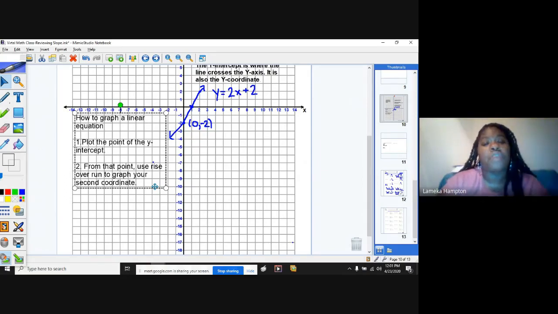We can do more practice on graphing linear equations. I can guarantee you're going to get about 1 or 2 on the test, if not 3. And I want to make sure that you are really good with plotting points on a coordinate graph, and that you know the difference between the y-intercept and the slope.